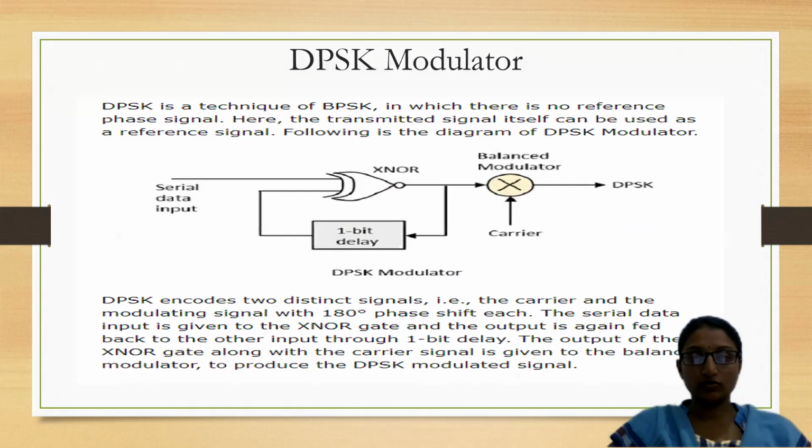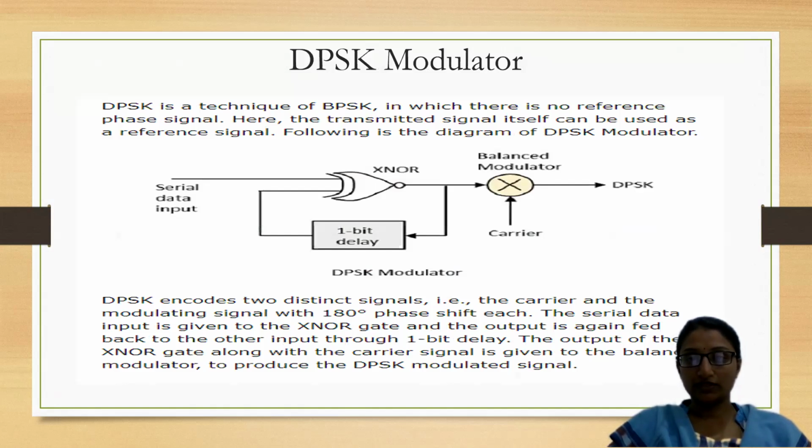The following block diagram explains the DPSK modulator, where a serial data input is given as one input to the XNOR gate, and the other input is a delayed version of the output. This combination is given to a balanced modulator as one input, and the carrier as the other input.